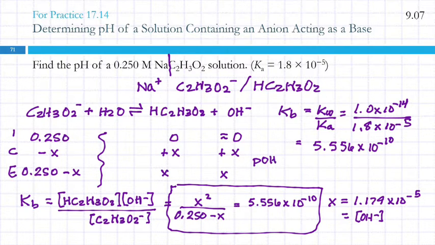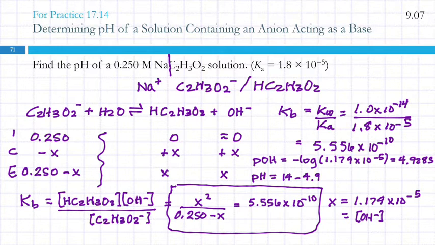So pOH is the negative log of the x that we just found. 4.9285. pH then is 14 minus that.